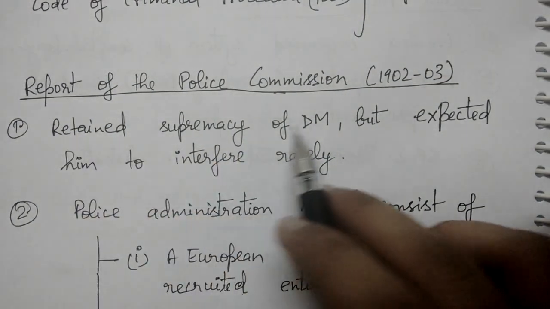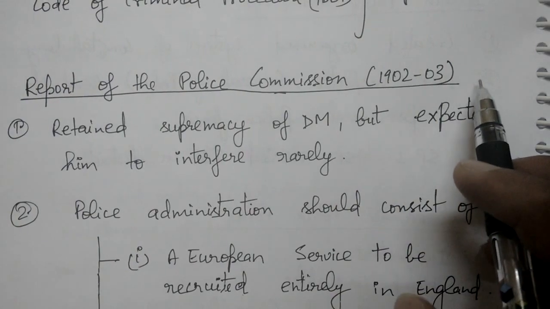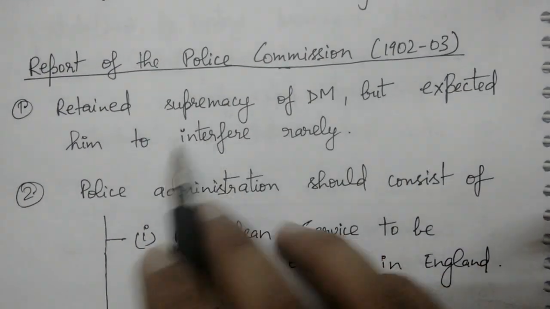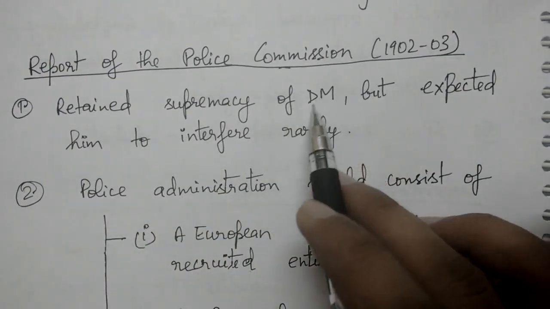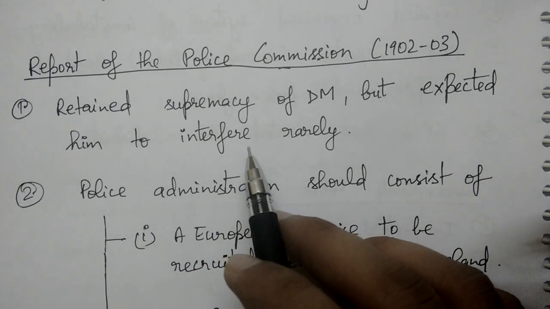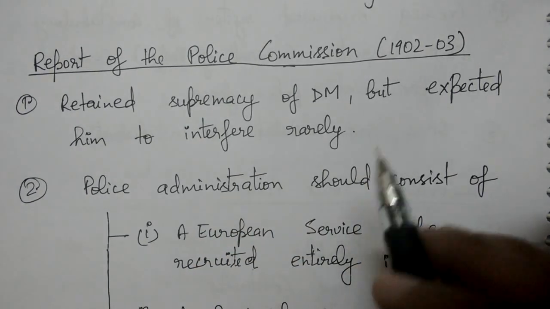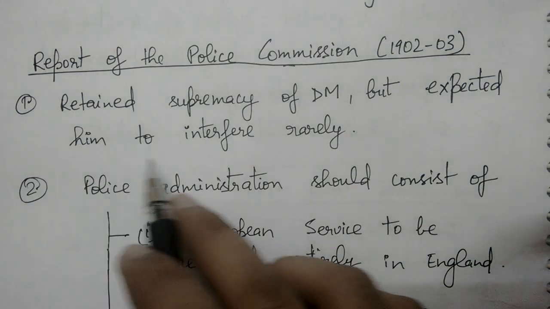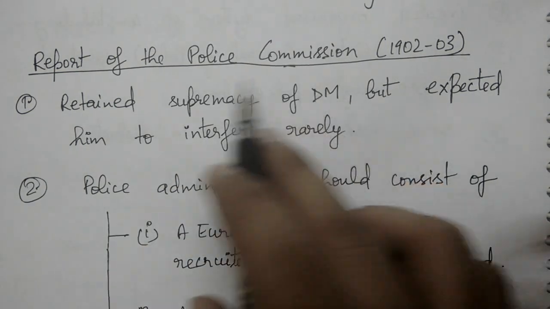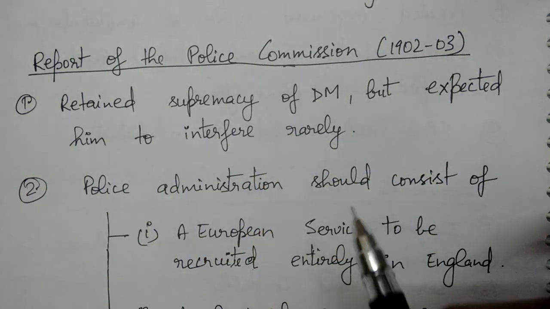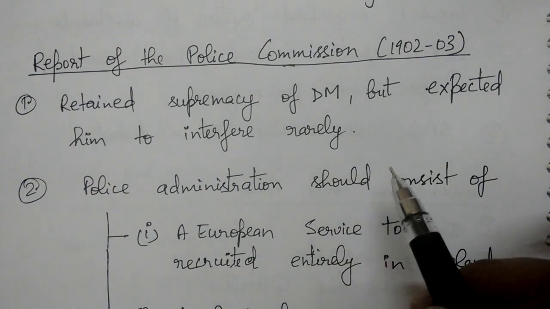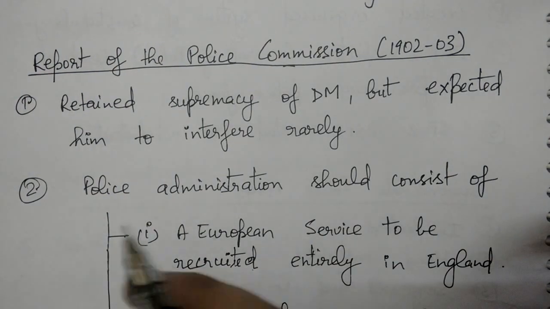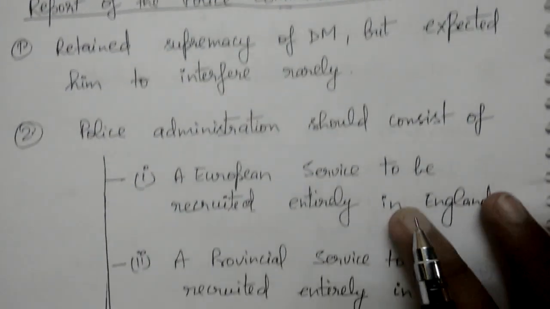Then came the report of the Police Commission of 1902-03. This commission said that the DM should be supreme because it is very necessary in order to control the whole situation, but expected him to interfere rarely. And this supremacy of the DM is the concept of unity of command by Henry Fayol. So this is how you can relate paper 2 with paper 1.